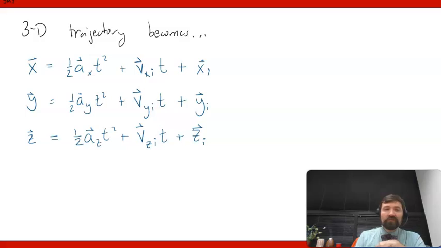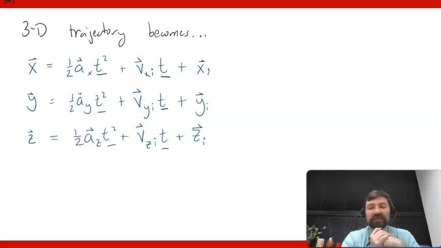But we do have one common linking or coupling parameter, namely the time is the same in all of these. So at t equals 1 second in all 3 equations, that lets you get the position x, y, z at 1 second.